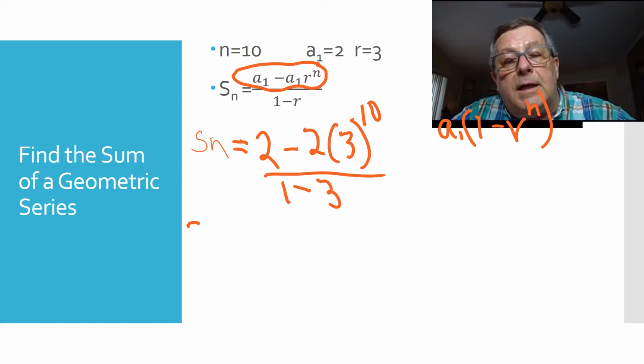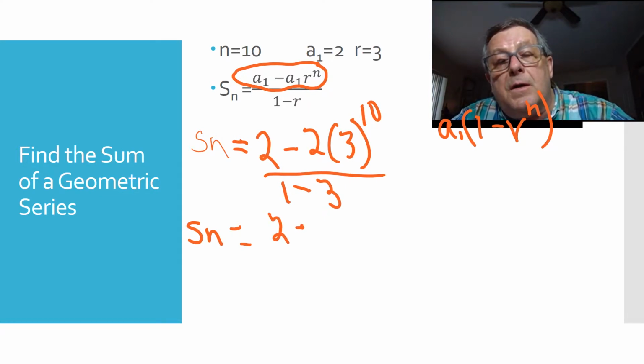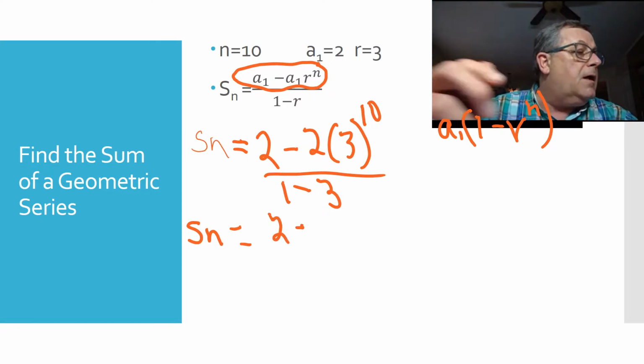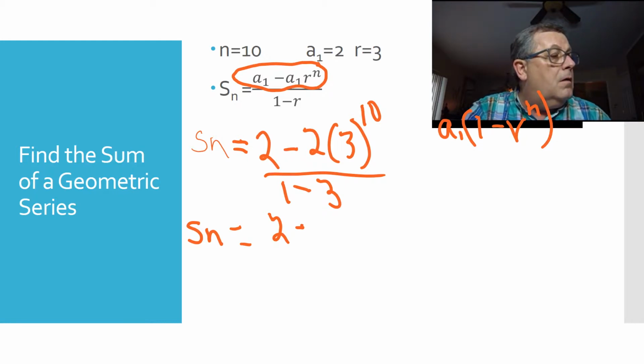We're going to get some big numbers in these few exercises. 3 to the 10th power is 59,049.